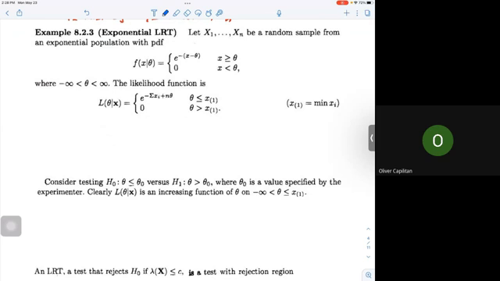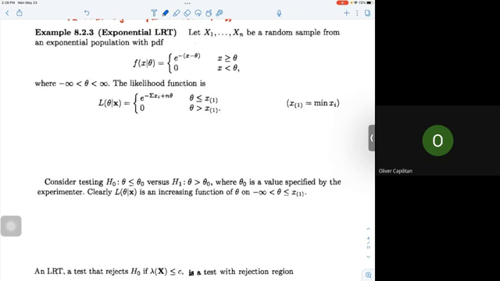We consider the exponential likelihood ratio test. Let x sub 1 up to x sub n be a random sample from an exponential population with this PDF: f of x given theta is e to the negative quantity x minus theta if x is greater than or equal to theta, and 0 otherwise, where we consider theta to be greater than negative infinity but less than infinity.